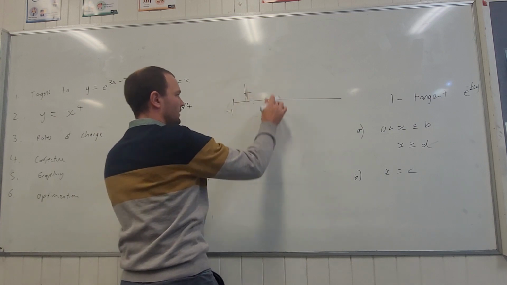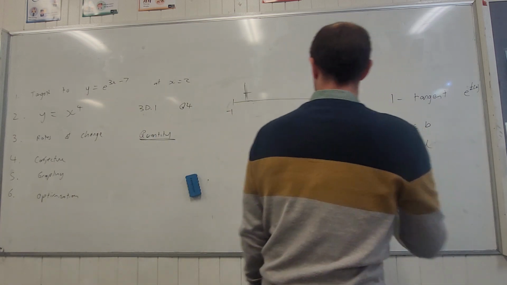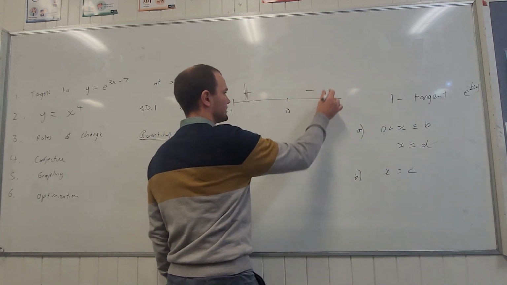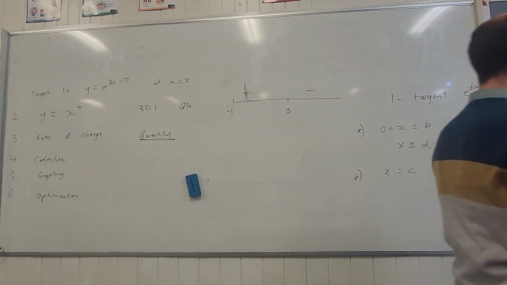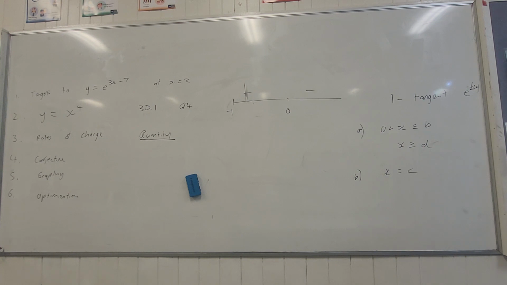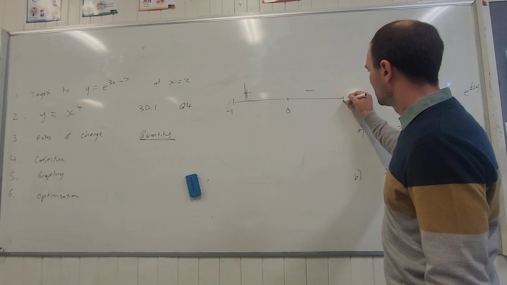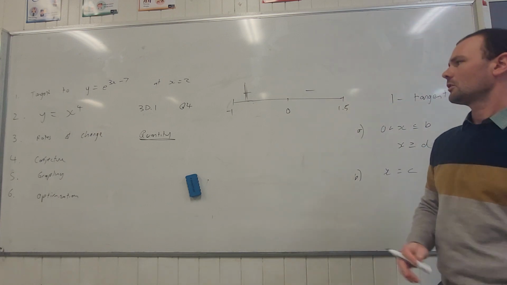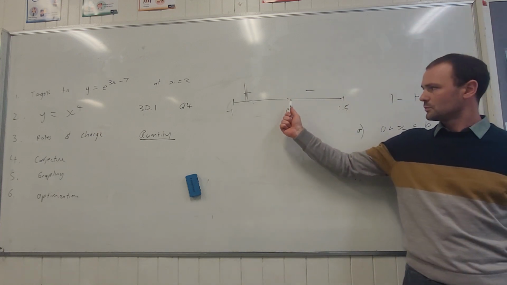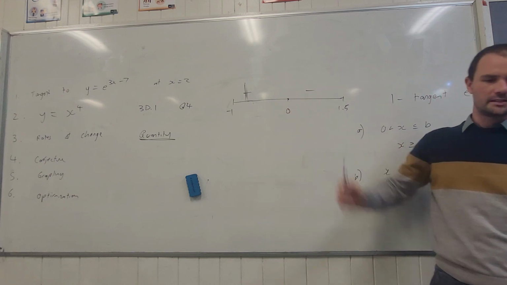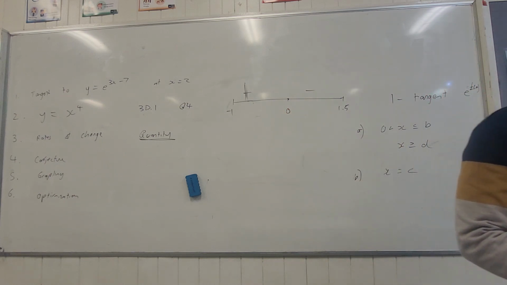And it's decreasing until we get to 0 where it goes stationary, and then decreasing again until it finishes at 1.5. So that's going to be the sign diagram.